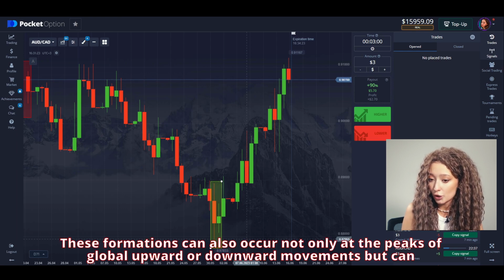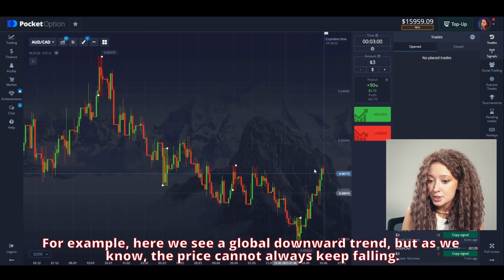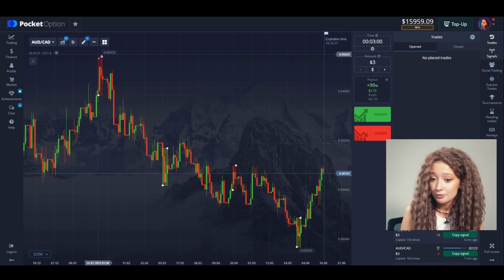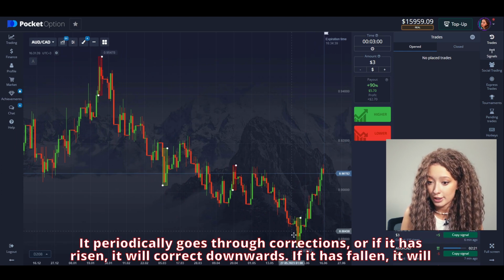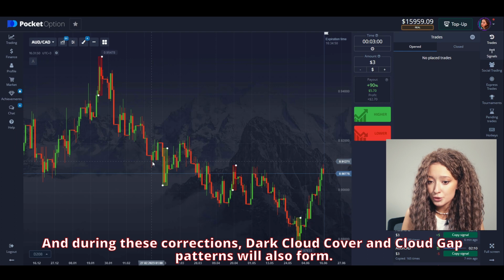These formations can occur not only at the peaks of global upward or downward movements, but they can also form within the global trend. For example, here we see a global downward trend, but as we know, the price cannot always keep falling. It predictably goes through corrections. If it has risen, it will correct downward, and if it has fallen, it will correct upwards. And during these corrections, dark cloud cover and cloud gap patterns will also form.